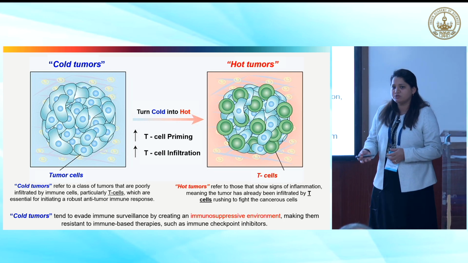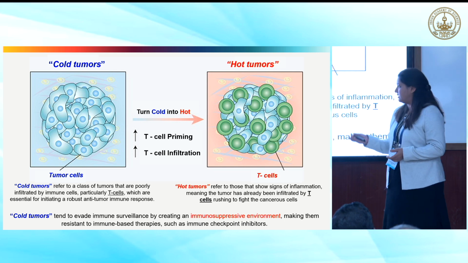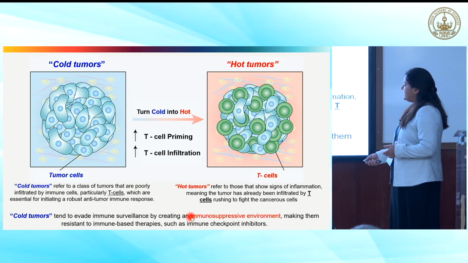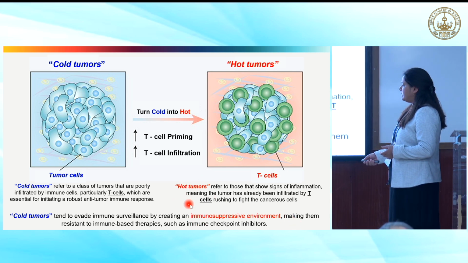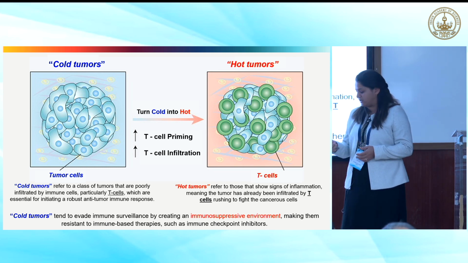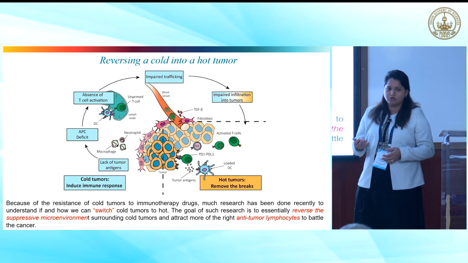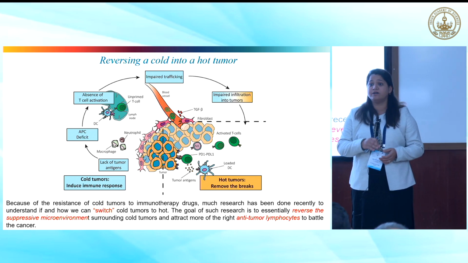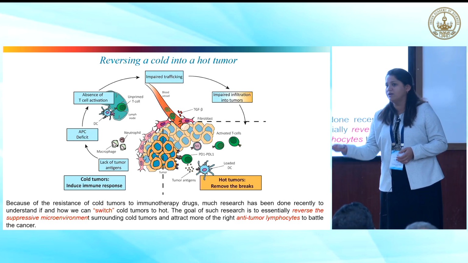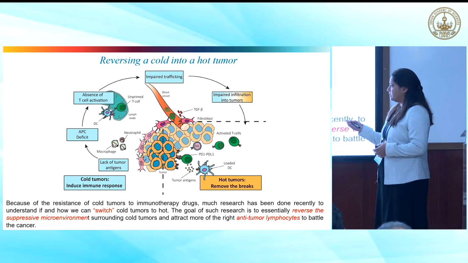Now, why do these cold tumors evade the immune surveillance? The reason is that they create a very immunosuppressive environment around themselves, and that's why they become resistant to immune-based therapy. So in recent times, a lot of research is going on to convert these cold tumors into hot tumors, so that the tumors become responsive to immune-based therapies.